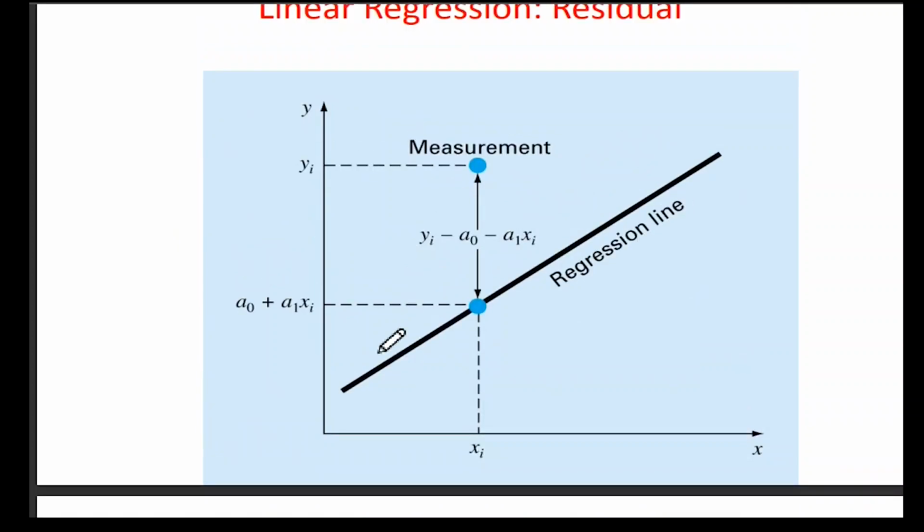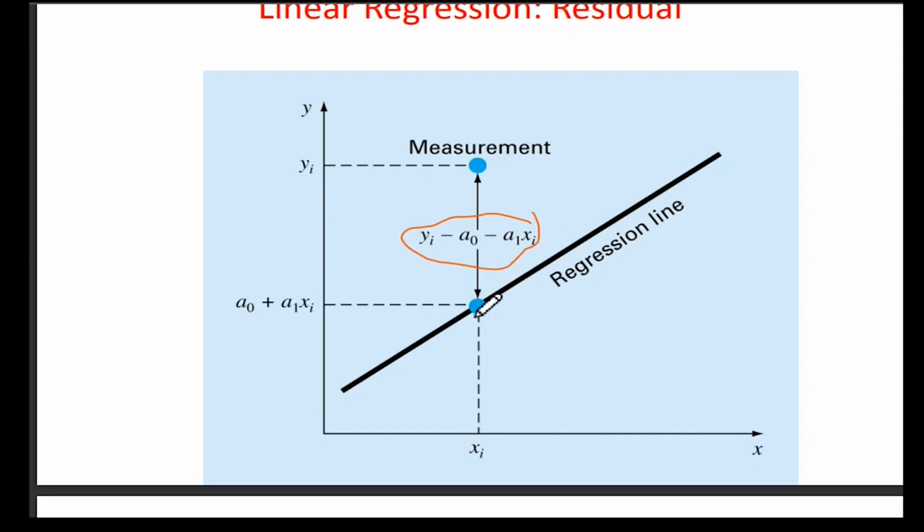Okay, in this example, let's say we have 2 points. These two blue dots are our observation points. What we will do in linear regression is draw a line. Let's say this black line represents the regression line. What we can derive from here is that at the point xi, we can get the value of y given by a0 plus a1xi from the equation, and we can also find the value of e.